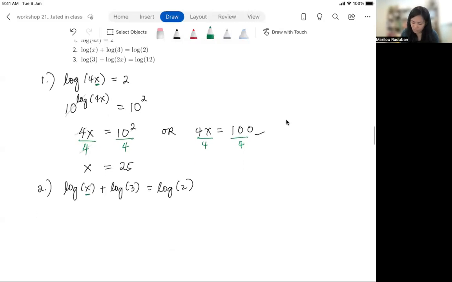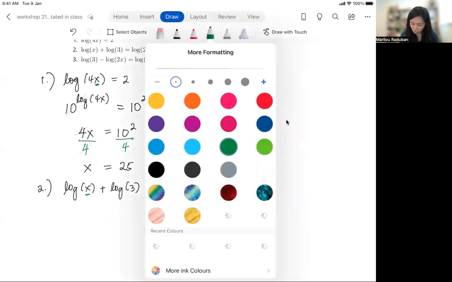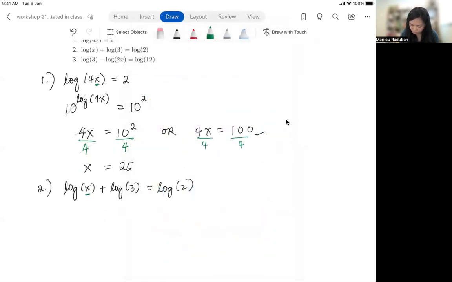But notice how log x is being tied to log 3 via this plus sign. So before you do a base 10, the log should be by itself, just like before you do the log, the exponential should be by itself.